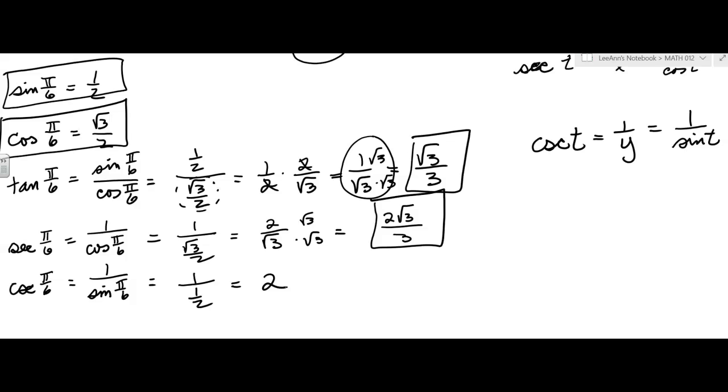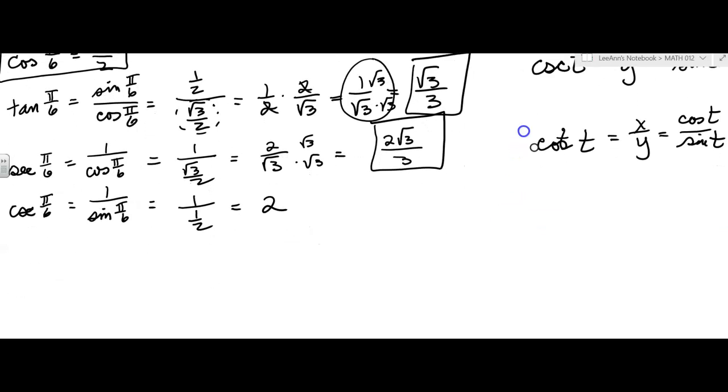And then the last one, cotangent. Cotangent t, we said was x over y, but that's going to be cosine t over sine t. So when we know the sine and cosine, we can find the other 4.